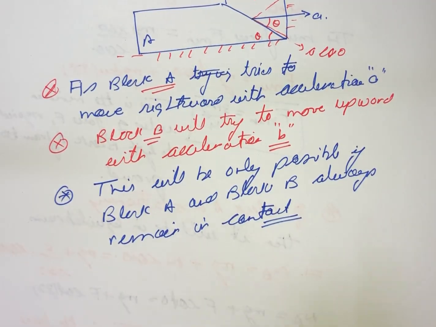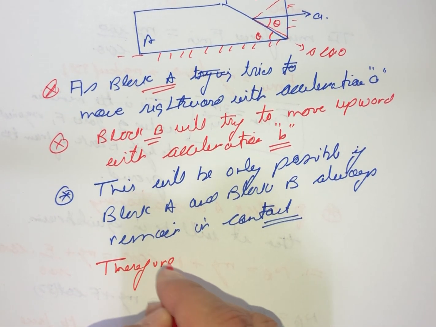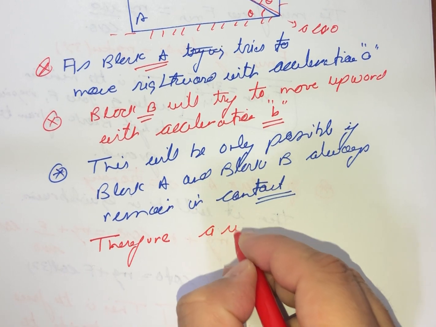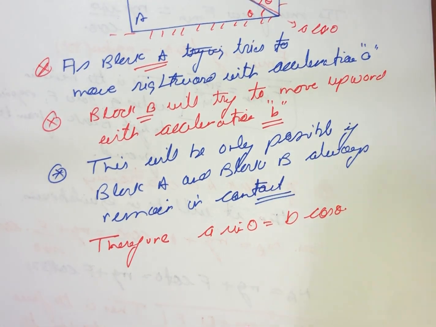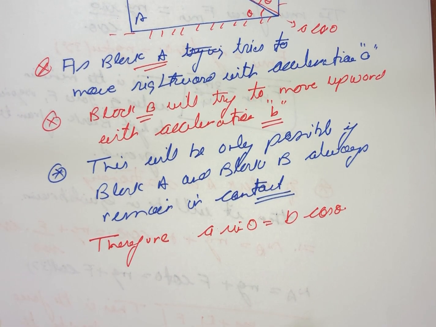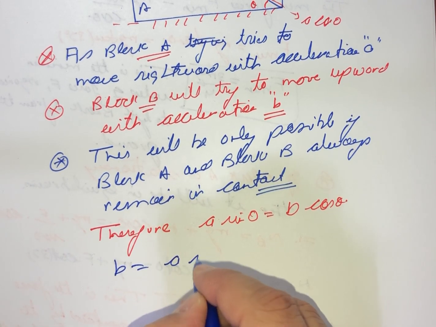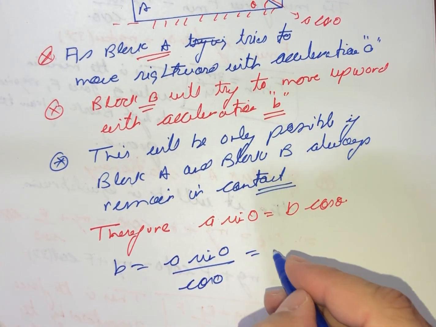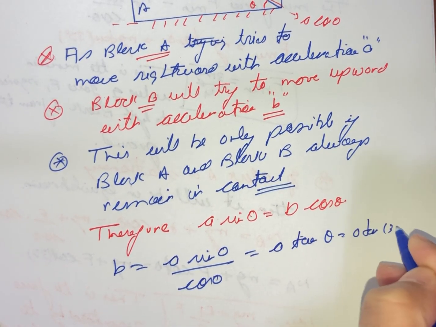Therefore, A sine theta should be equal to B cos theta, and we are required to find out the acceleration of block B. So we can say B will be equal to A sine theta divided by cos theta, which comes as A tangent theta, that is A tangent 37.